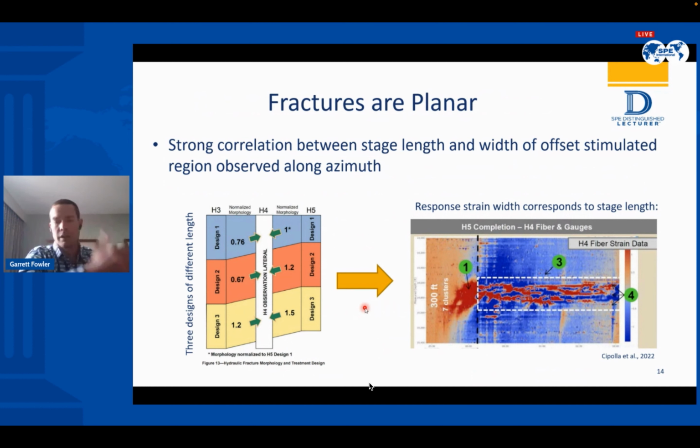So when fracking a 400-foot stage, you see a 400-foot wide region of strain on your observation well, 300-foot wide stage, and 300-foot wide area of stimulation on the observation well, 200, 200, etc. So all of these point to having very planar fractures that propagate in the azimuth of SH max.